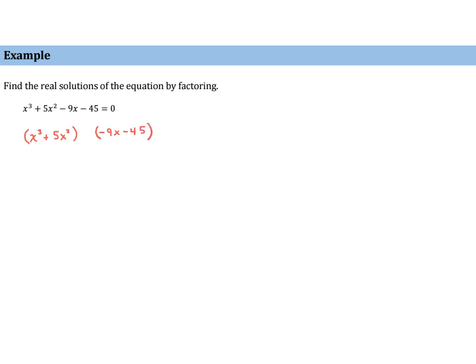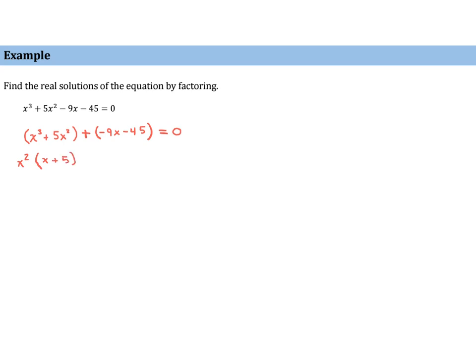Now, the operation between these two binomials is plus. Most common mistake that a student will make is to just pretend that that's multiplication. But no, it is an addition. Now, out of the first grouping, we have a common factor of x squared. So that would leave us with x plus 5.